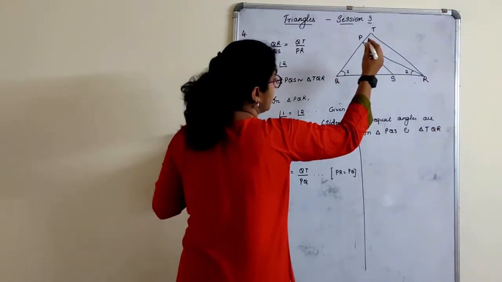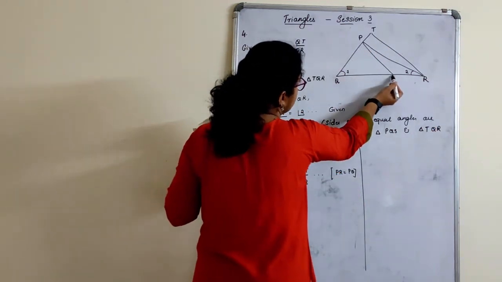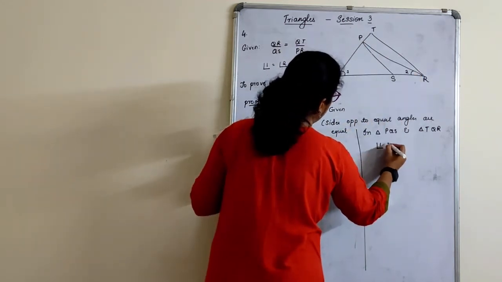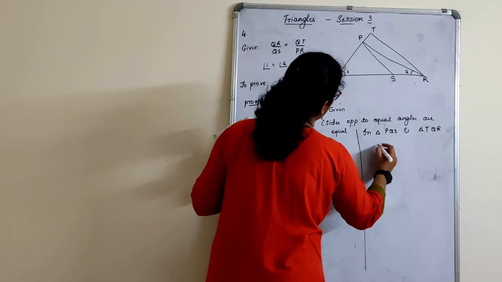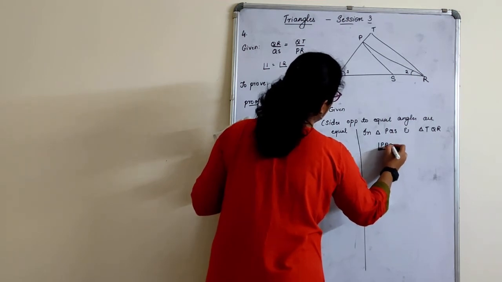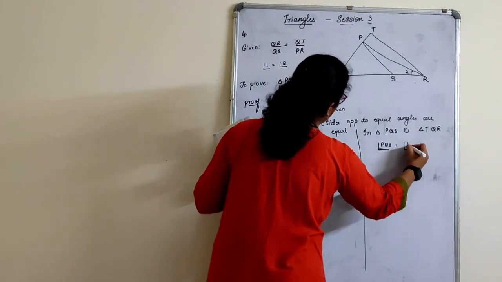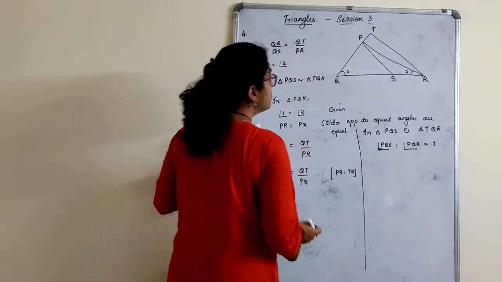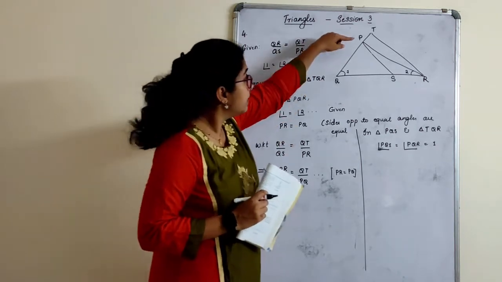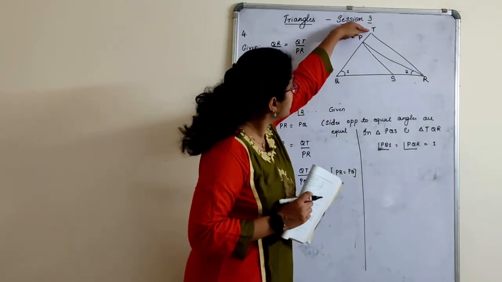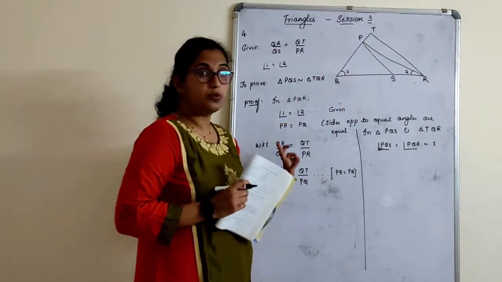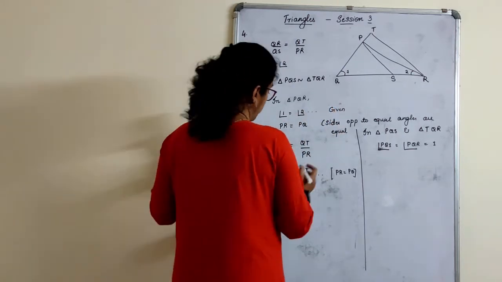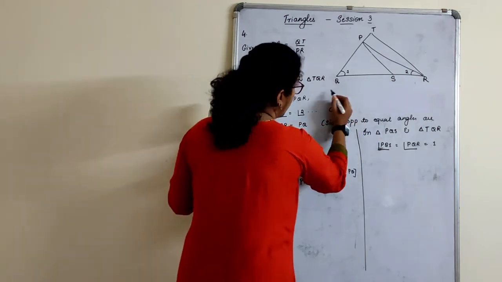In triangle PQS and triangle TQR, can I say angle 1, or angle PQS, is equal to angle PQR, is equal to 1, right? Common angle. PQS is equal to TQR is equal to 1. Now 2 will nowhere come in the question here. After this, QR upon QS.